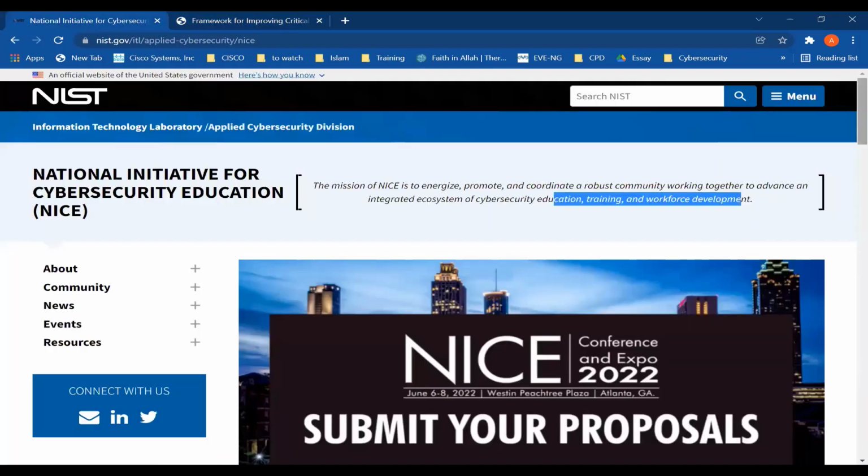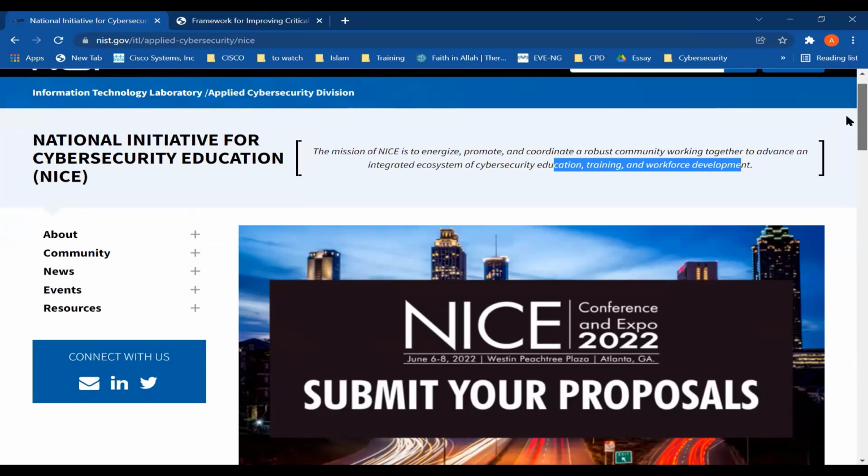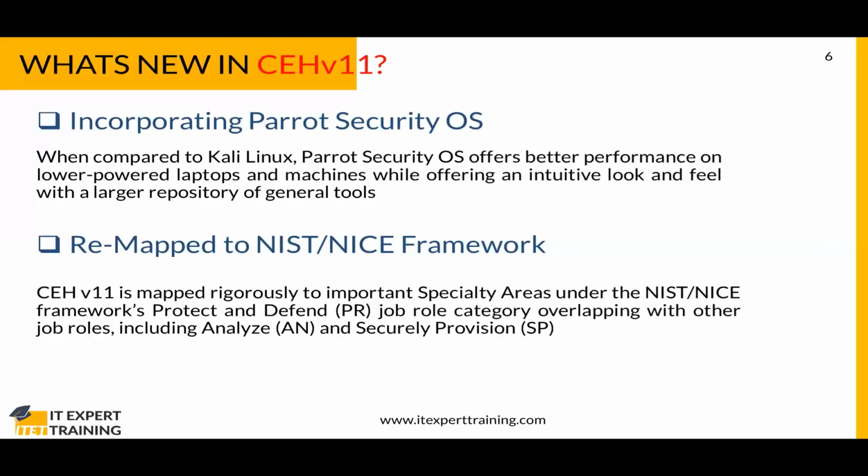NICE is about how to develop the workforce. There is the National Initiative for Cybersecurity Education. So NIST is about protection, and NICE is about educating the people. Am I right? So this course, what you're going to learn, fits into that perspective. That is very important.